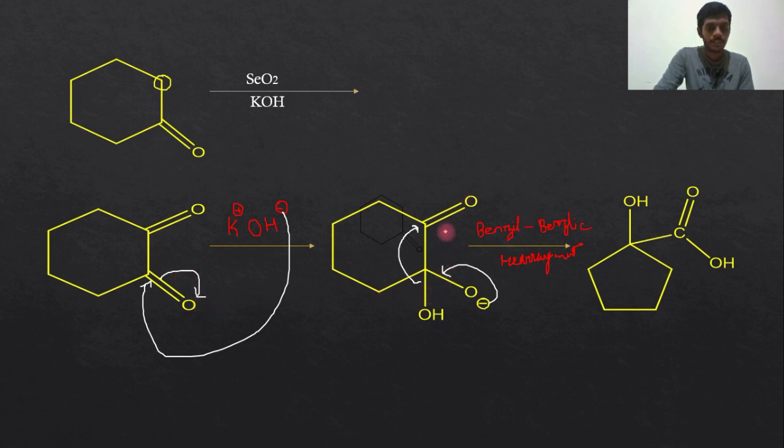This is the benzilic acid rearrangement. Whenever the benzilic acid rearrangement happens, the 6-membered ring will convert to a 5-membered ring, and the OH and the COOH will be at the same carbon atom. The O minus will attack over here and this group will migrate over here forming a 5-membered ring and thus forming the product.